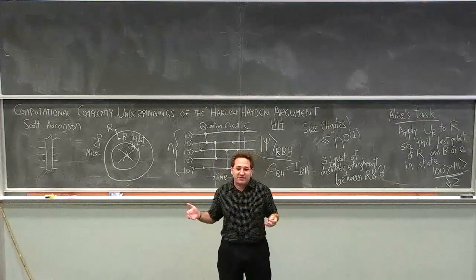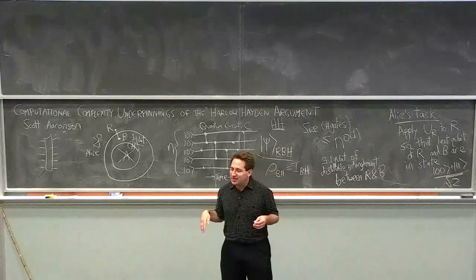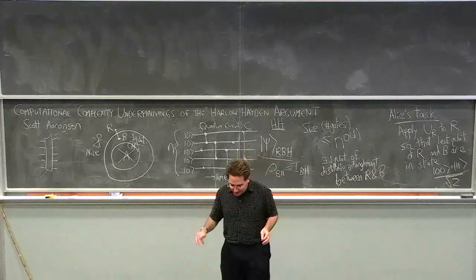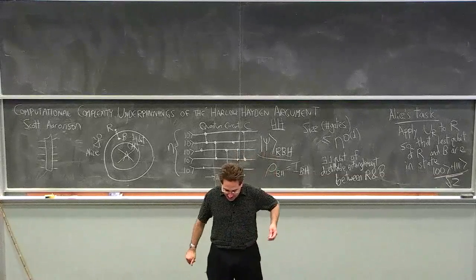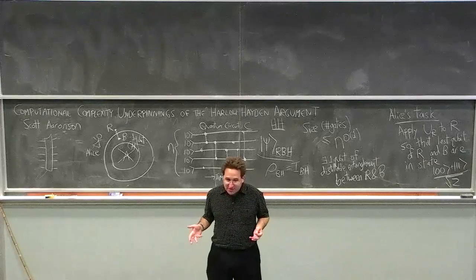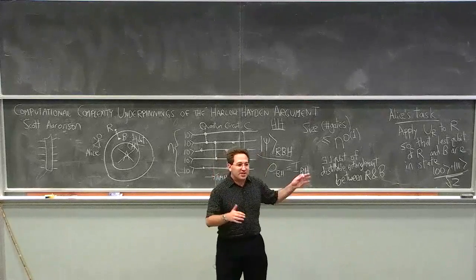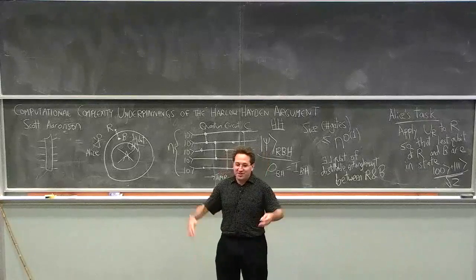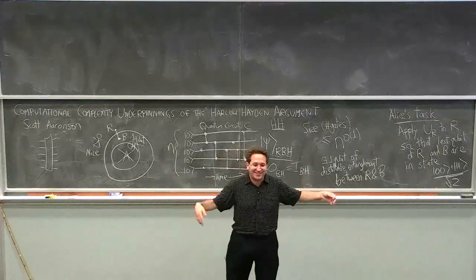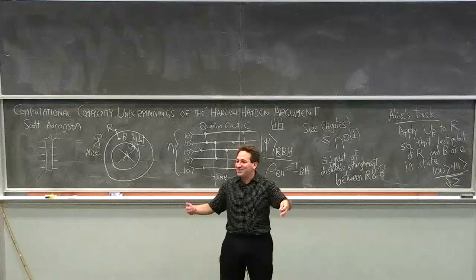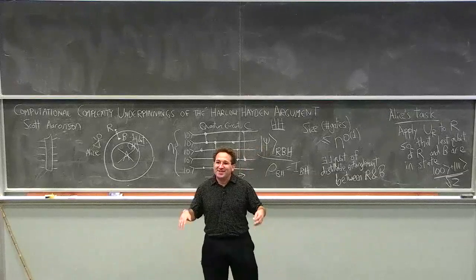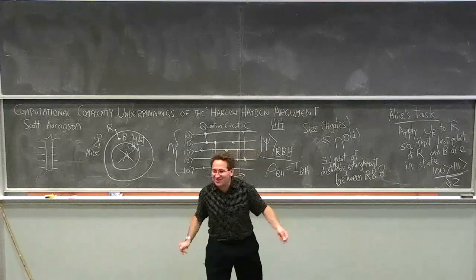Now I have to get to a question that I guess Eva and some others have touched on, which is: how do we argue that something is hard, right? It's not enough to say I tried to do it, I don't see anything better than brute force search. That's a type of argument that people gave for a long time, but often you give it and then there is a more clever way to do it.